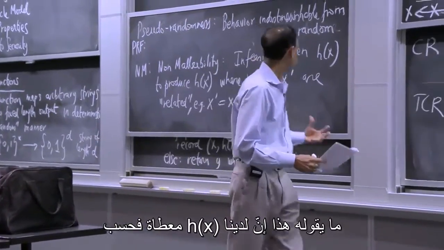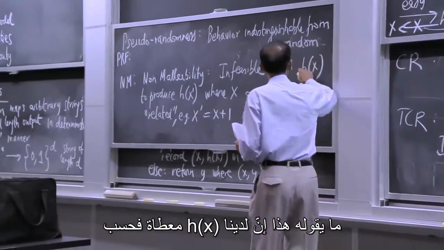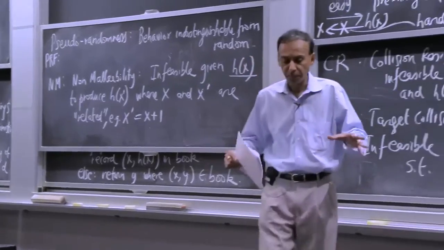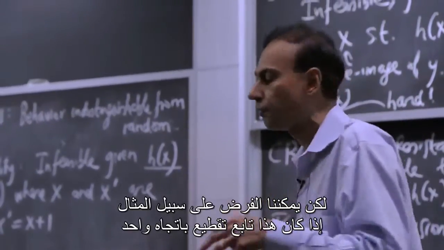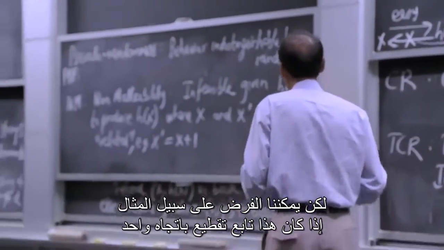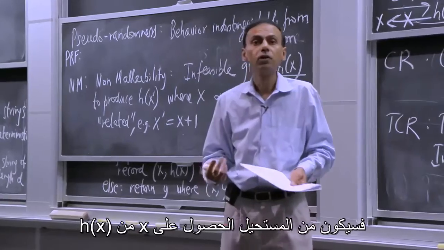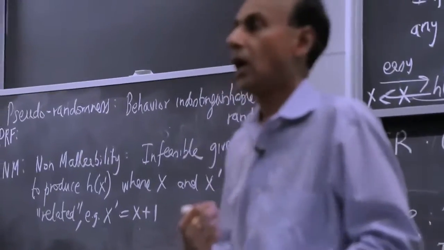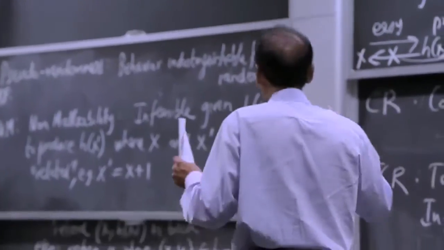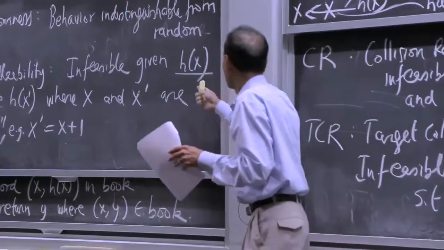So what this says is you're just given h of x. Doesn't actually say anything about one-wayness yet, but you could assume, for example, that if this was a one-way hash function, that it would be impossible to get x from h of x, correct? And let's hold that thought, all right? We're going to get back to it.